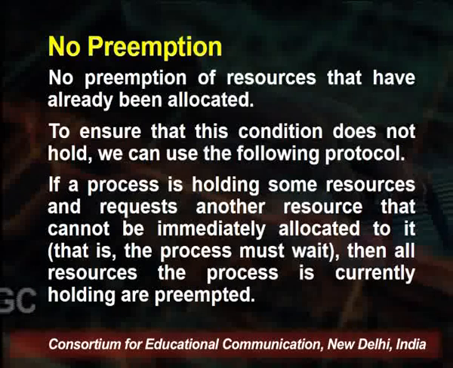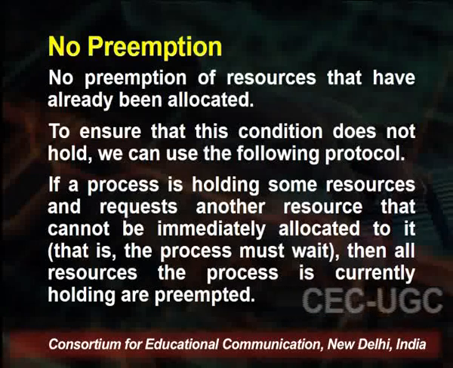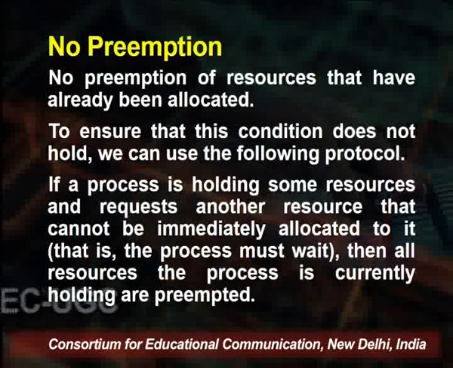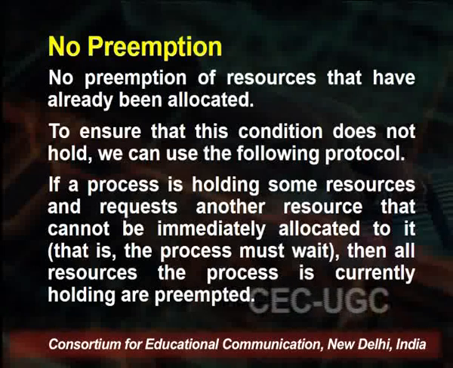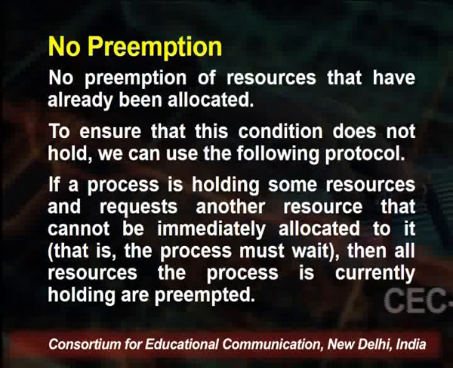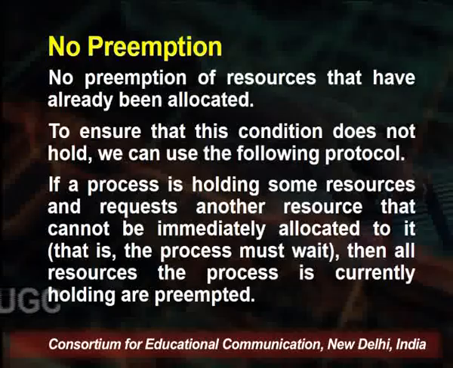The protocol says if a process is holding some resources and requests other resources that cannot be immediately allocated to it, that is, the process needs to wait, then all the resources the process is currently holding are preempted.